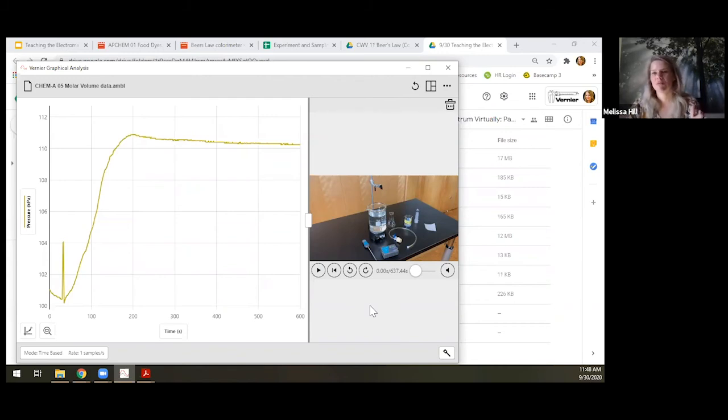In terms of what you actually need to get a video into GA, it needs to be a common movie format, an MP4 movie. We typically recommend less than 10 megabytes, but it can handle a little bit more than that.